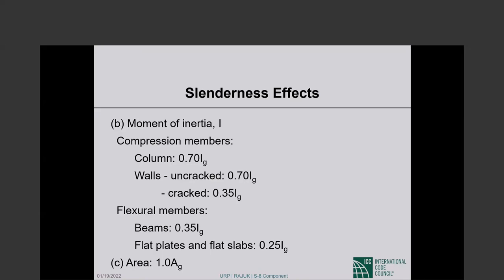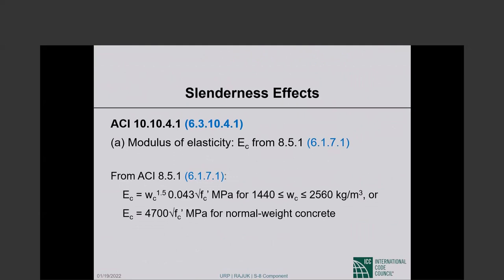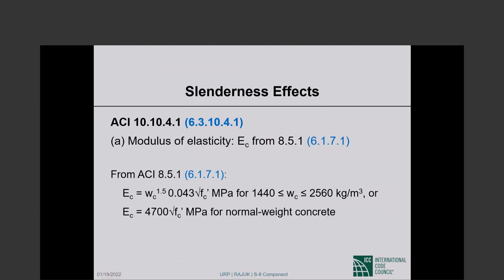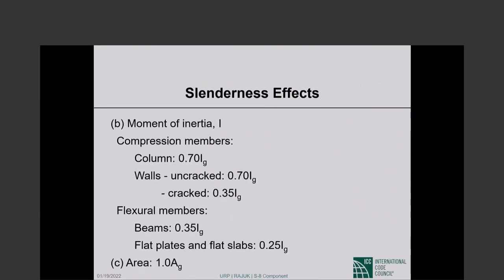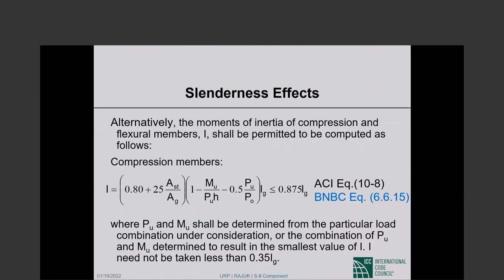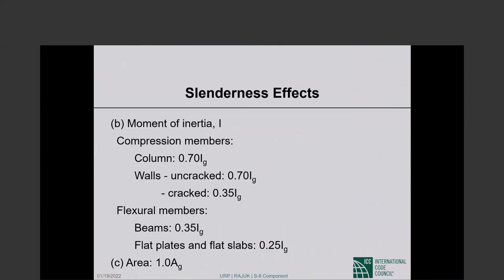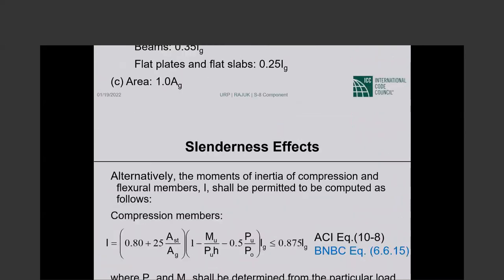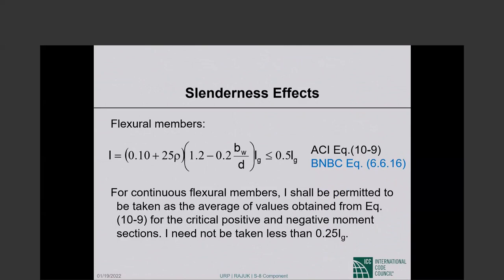We don't reduce. Okay, so most of the time for this elastic second order analysis, which is what we are describing, we will take E sub c from ACI 318 or BNBC 2020. I values are as given here. Okay. So, elastic second order analysis. Now, there are alternatives to these values given in the code. These are on the next 2 pages.